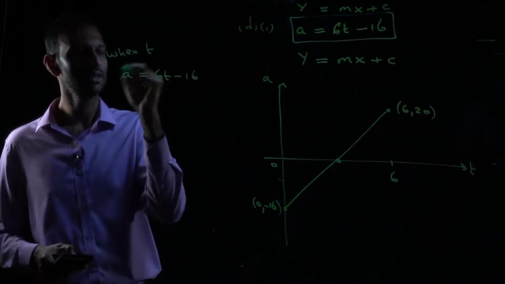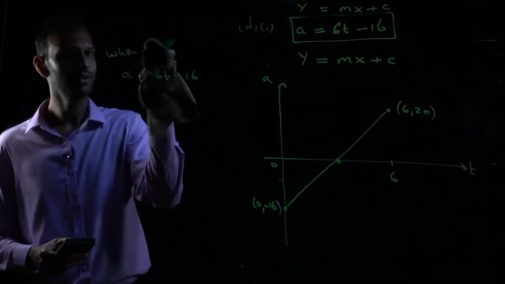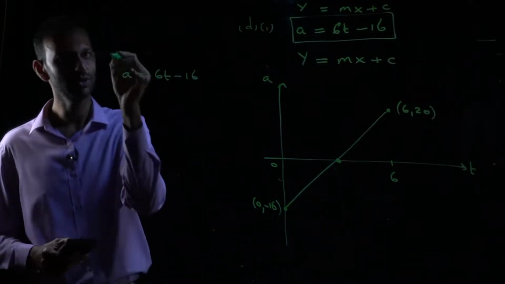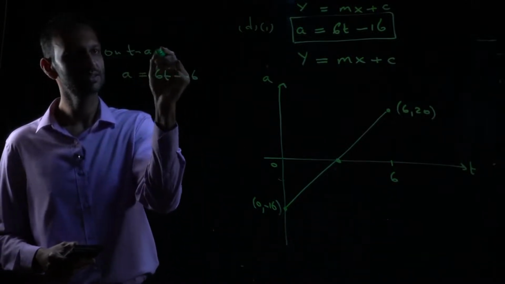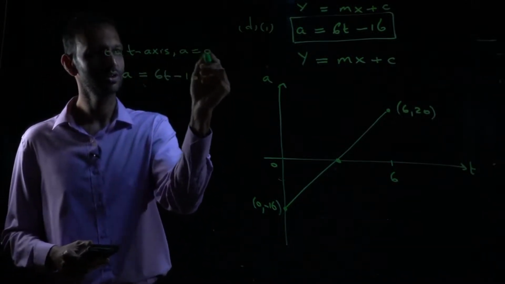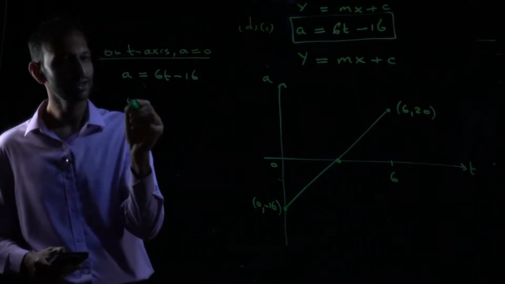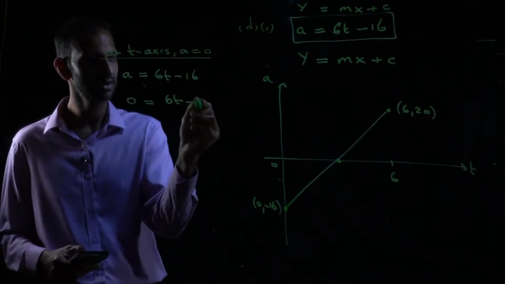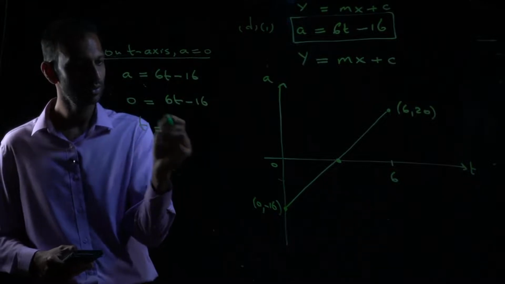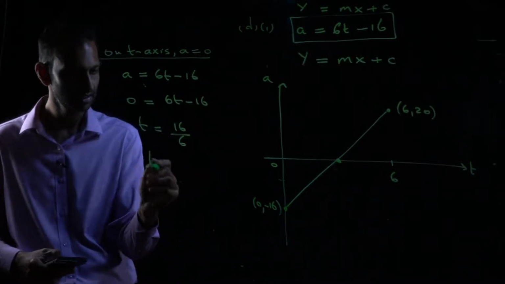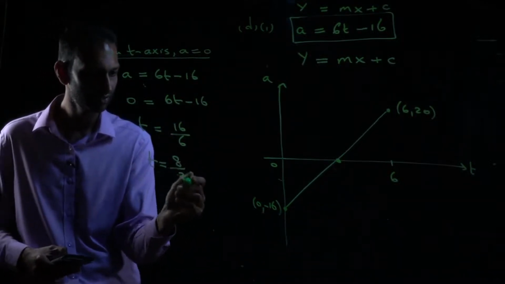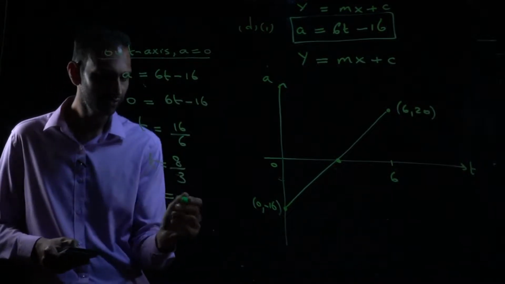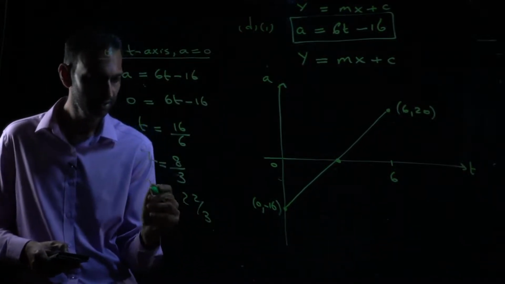On the t-axis, acceleration is 0. Don't forget that. So the acceleration is 0. We have 6t minus 16. t is equal to 16 divided by 6. t is equal to 8 over 3. 8 over 3 is basically 2 and 2/3.